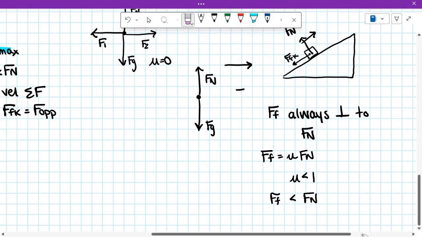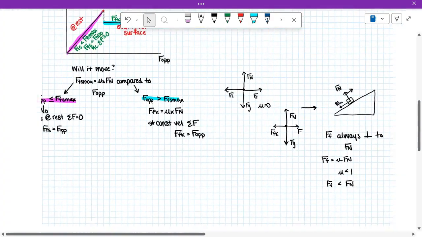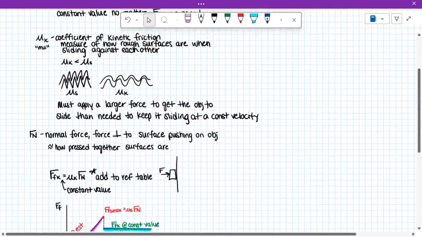It might be helpful to remind yourself that the force of friction is less than the normal force, because that coefficient is less than 1. All right, so I might draw my normal force 3 and my force of friction 2 boxes. And that's about it. I will see you guys next time.